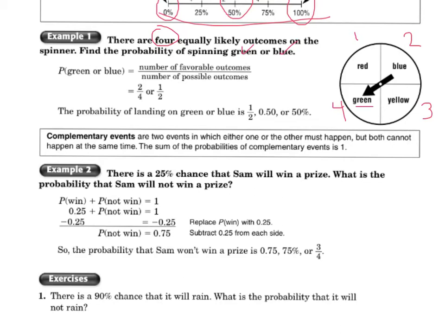How many blue ones are there? There's 1. Together, that's 2 sections out of 4 possibilities. So that's the same thing as 1/2 when you simplify it. And that gives you the probability. The probability of landing on green or blue is 1/2.